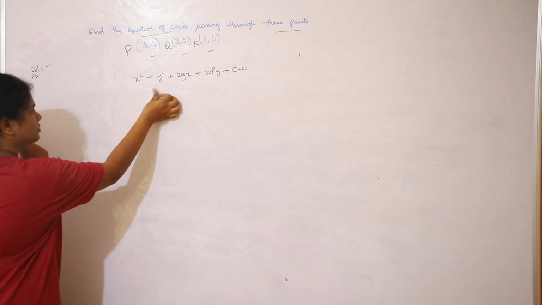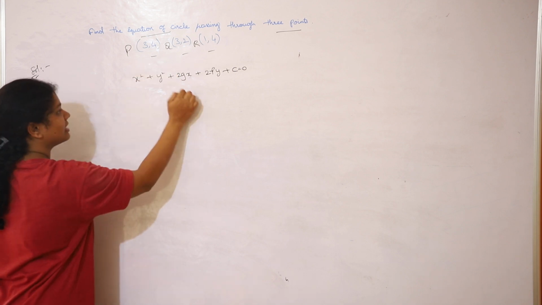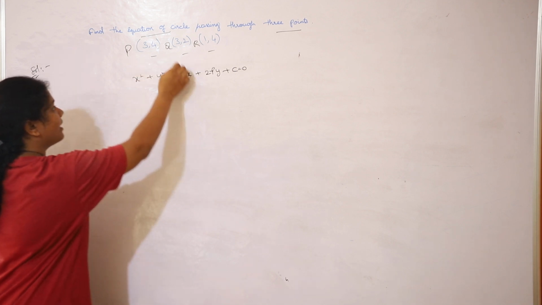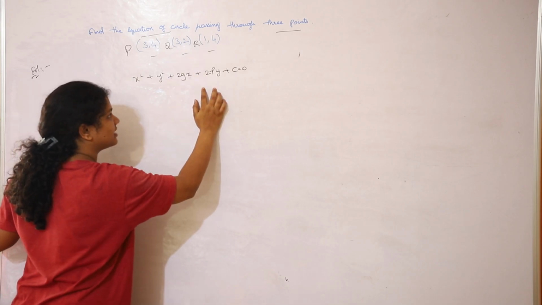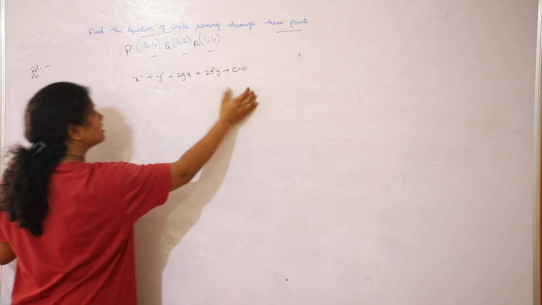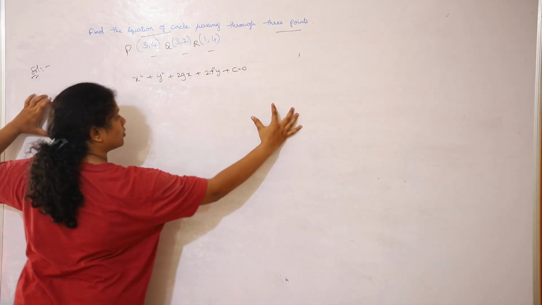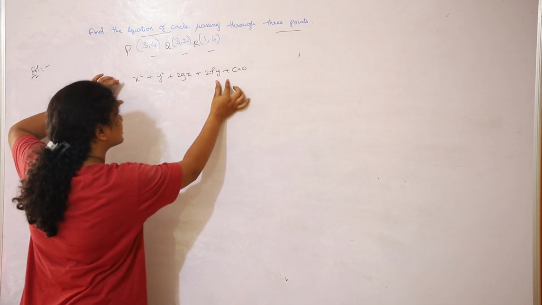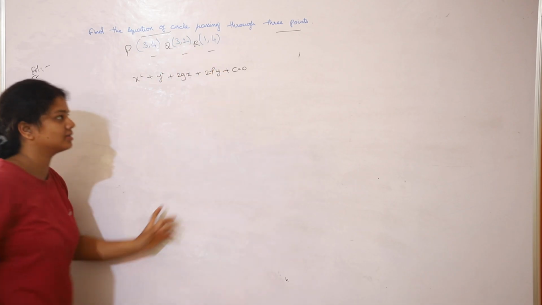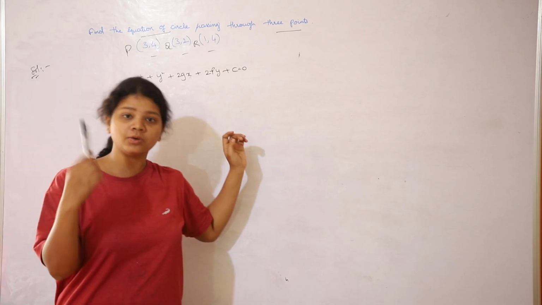Now, just listen over here. Let's say you substitute P values in the given general equation, and substitute Q values in this given general equation, and substitute R values in this general equation. Substitute P values in this equation, you get a whole new equation. Substitute Q value, you get a new equation.